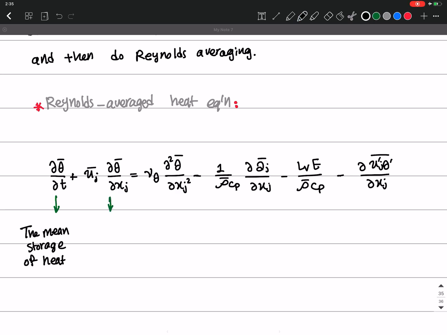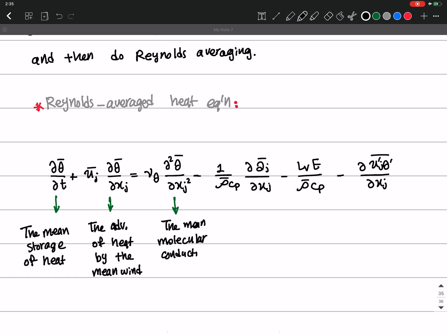The second term is the advection of heat by the mean wind. The first term on the right hand side is the mean molecular conduction of heat.